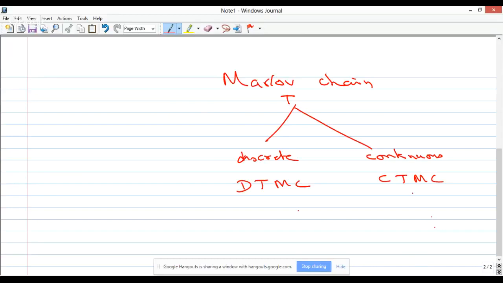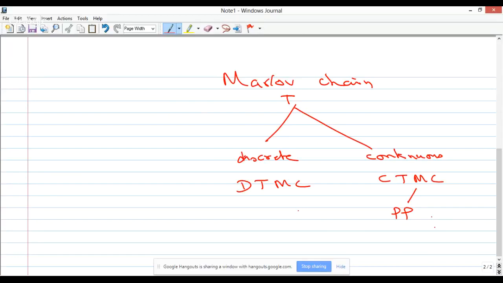So for examples of CTMC, the Poisson process, which we discussed every time, is a continuous time, discrete state stochastic process having the Markov property, therefore it's a Markov process, and it has a discrete state space and a continuous parameter space, therefore it is a CTMC.